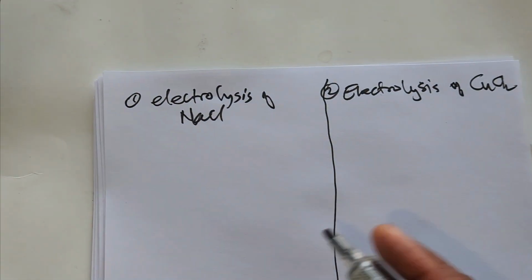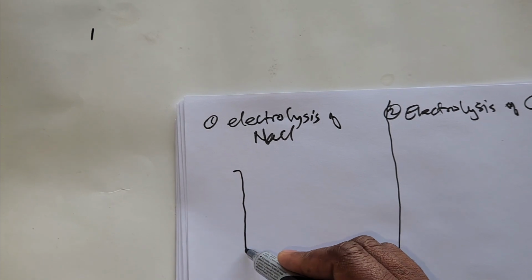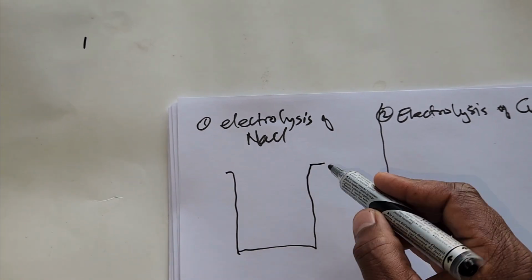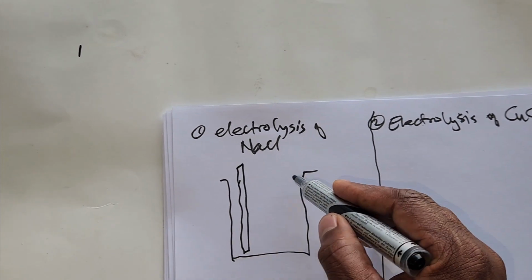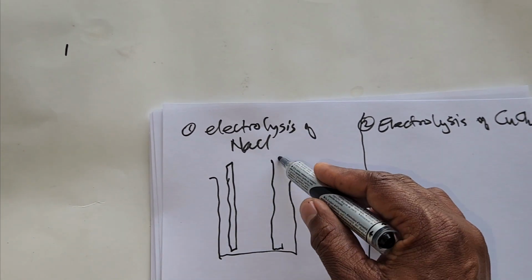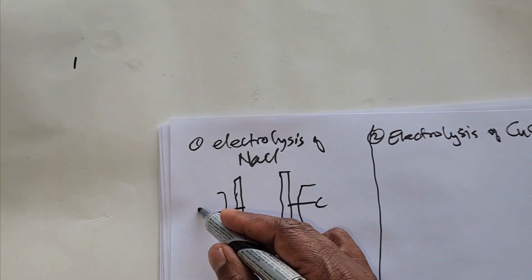Now, if we draw them, pardon my drawing, it might not be perfect, but the information will be there. We need two electrodes, which are the inert ones, that is carbon electrodes.